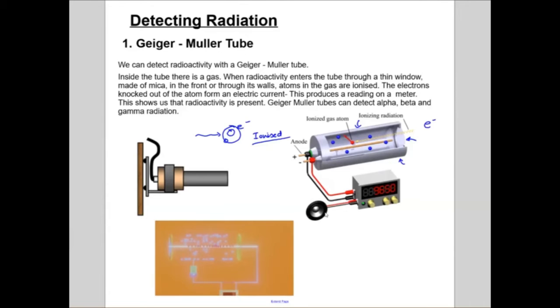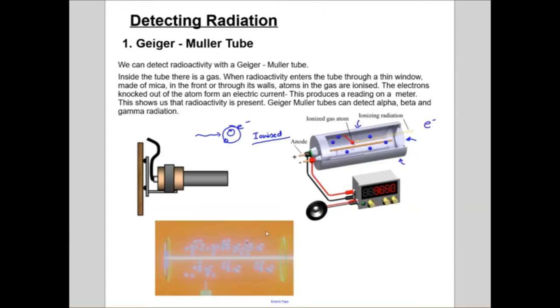So these electrons, after getting attracted towards the anode, would start flowing in this wire. And if you connect a speaker or a counter in the circuit, right, you would hear some popping sound, or you would see an increase in the count. So that's how your Geiger-Müller tube works. It works basically on the ionization of the atoms.